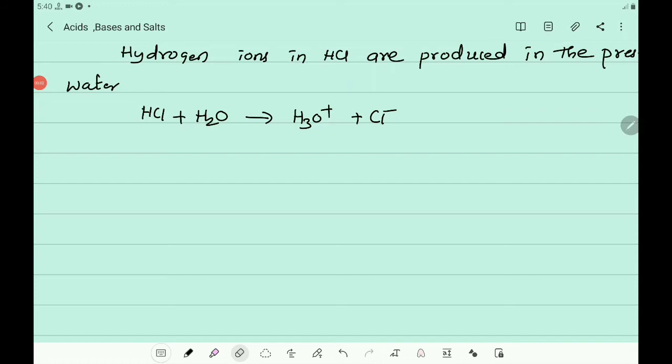You know that HCl is having H plus and Cl minus ions. These hydrogen ions cannot exist alone. H plus ion cannot exist alone.